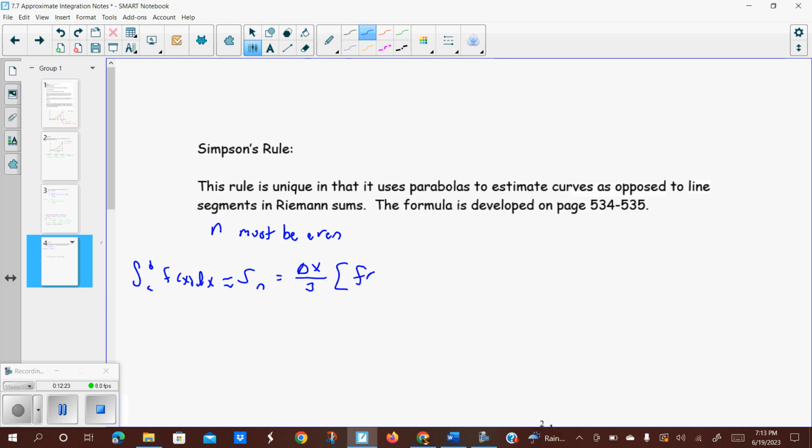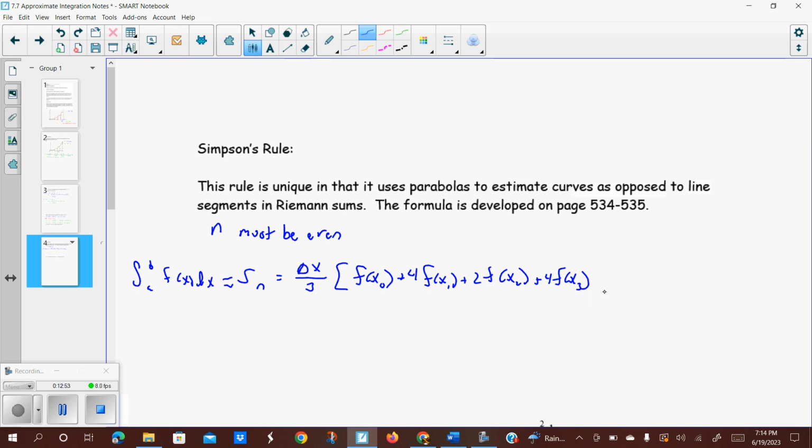You are going to take f of x sub 0 in this case, that'll be our beginning one, plus 4 times f of x sub 1, plus 2 times f of x sub 2, plus 4 times f of x sub 3. And the pattern of 2 and 4 repeats all the way.